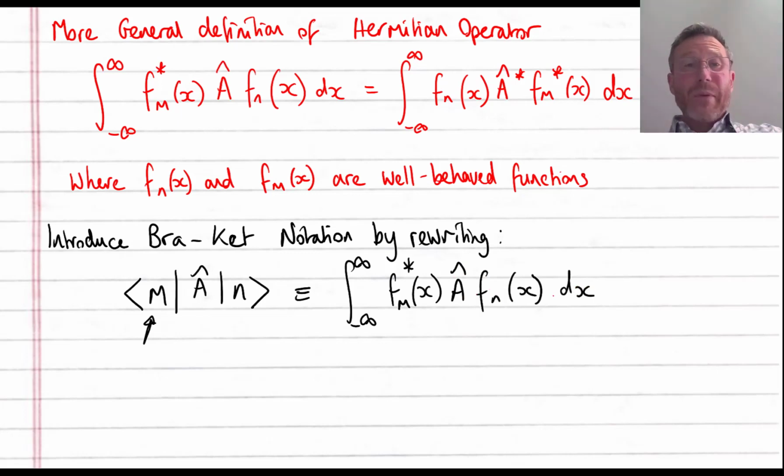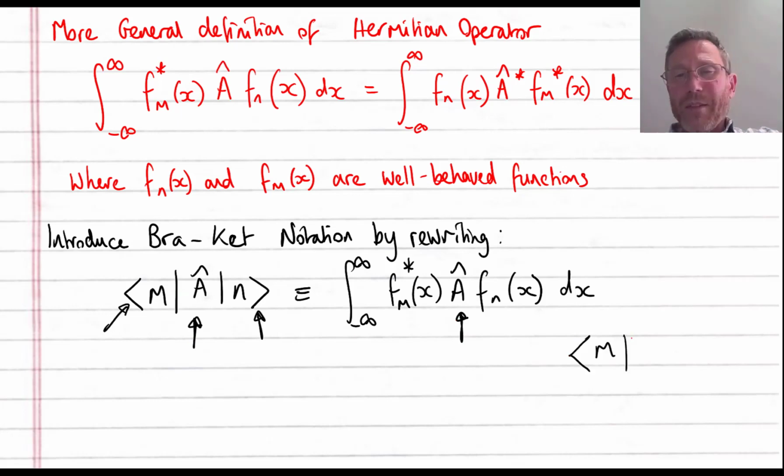So effectively, the fact that we've got these brackets around the brackets themselves represents that we've got the integral. Okay, we've got our operator that sits in the middle, and a left-leaning bra basically says this is the function associated with m that is the complex conjugate on that left-hand side.